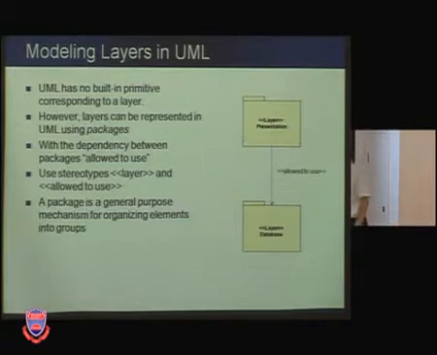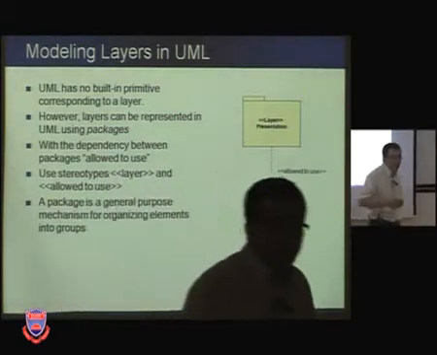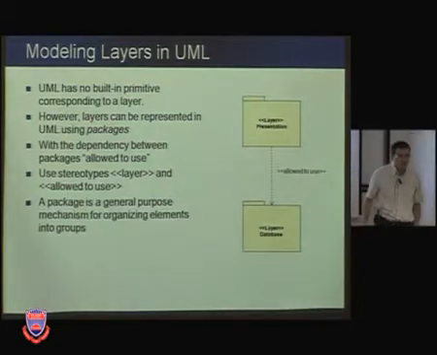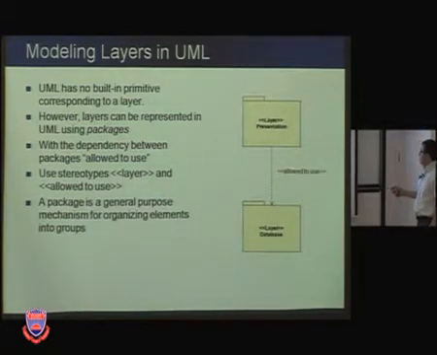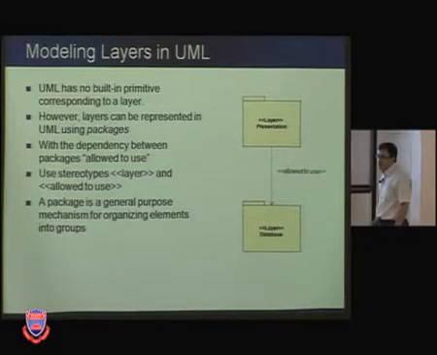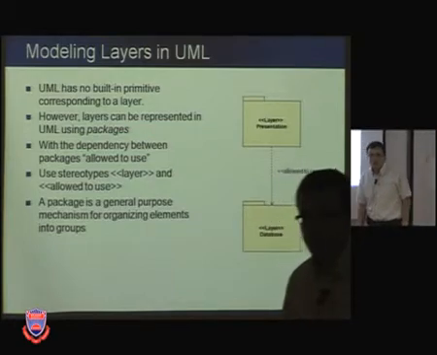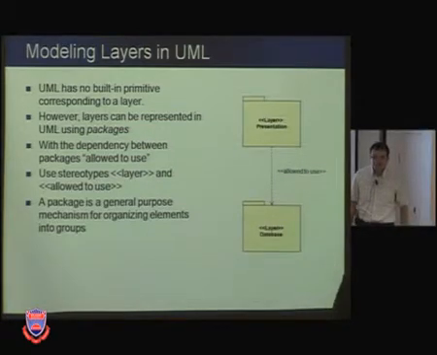We have seen that we could also use stereotypes to describe architecture. And the same for allowed to use. So our layer could be represented as a set of packages, because a package is quite suitable for this purpose. A layer is a grouping mechanism, a package also.